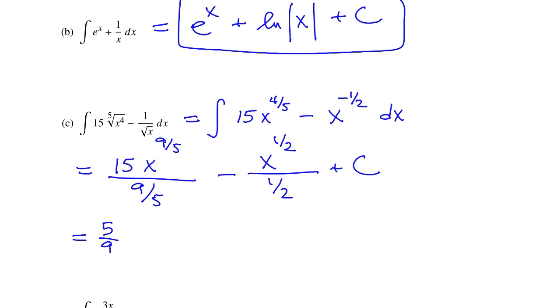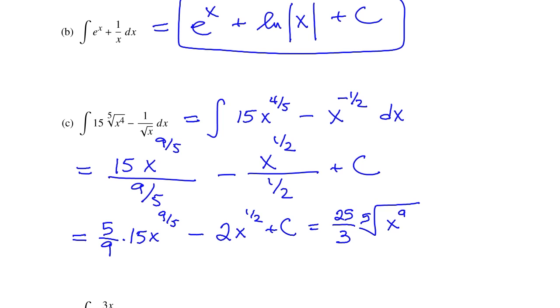So it's 5/9 times 15 times x to the 9/5 minus 2 times x to the 1/2 plus c. And then that simplifies to 25/3 times the 5th root of x to the 9th, minus 2 square root of x plus c. And you could have simplified this even more, but if you got this far, I give you full credit.